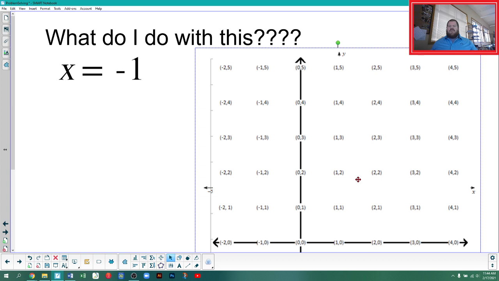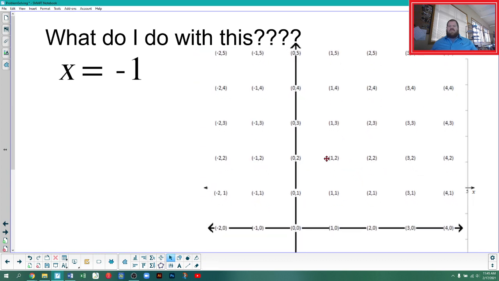Well, if I look at this other graph, and this is just the same type of graph, I just, instead of coordinate crossings everywhere, I have all their actual x and y values. So it's a little bit different, but it's kind of nice, because I'm looking for wherever the x comma y coordinate, where the x value, the first number, is -1.